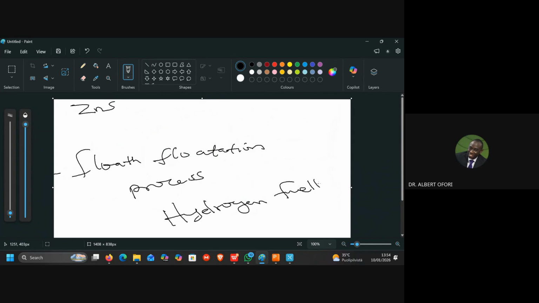That's something which I want you to read about. It's a type of cell that involves the chemical reaction of hydrogen and oxygen. Try to read on that. Who knows? Maybe later you will see it somewhere. So that's just for hydrogen.